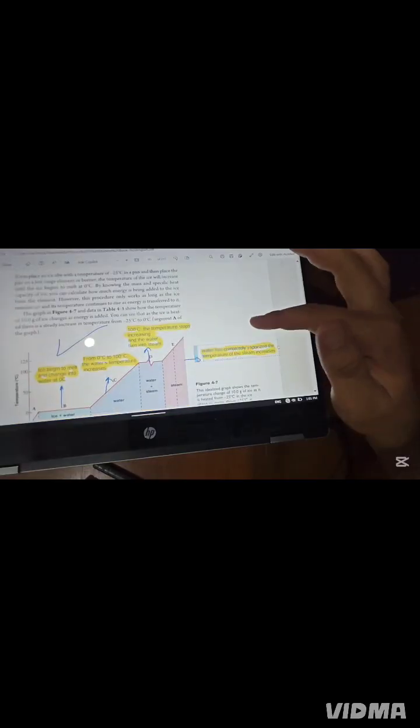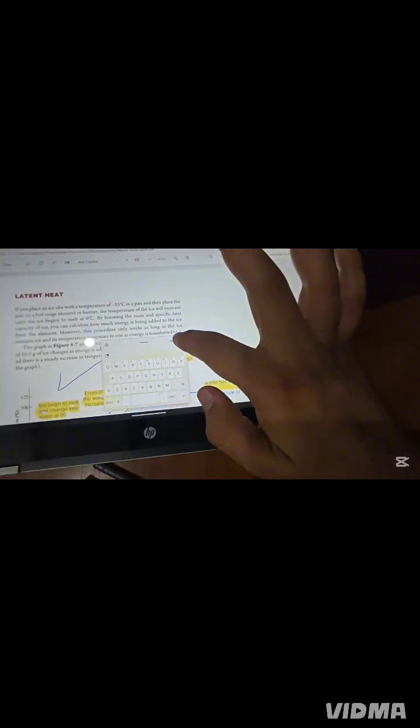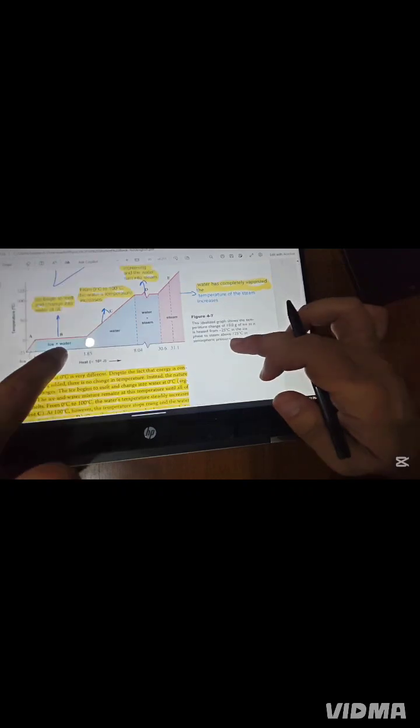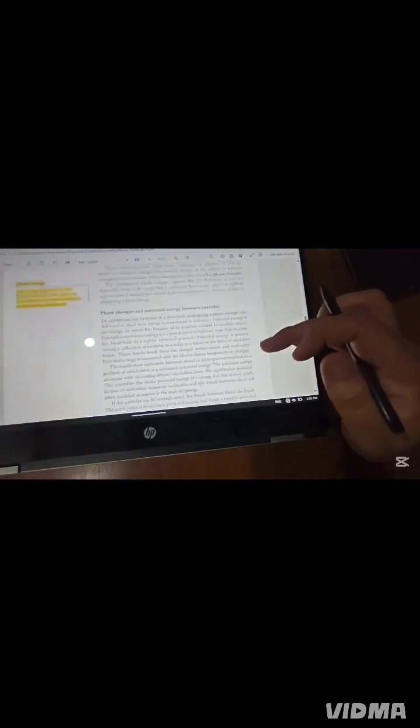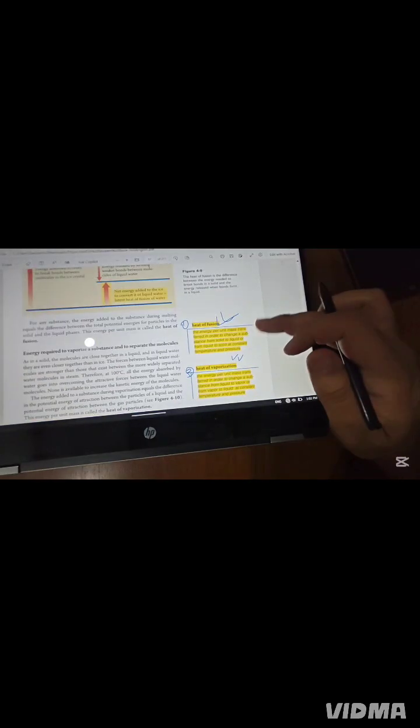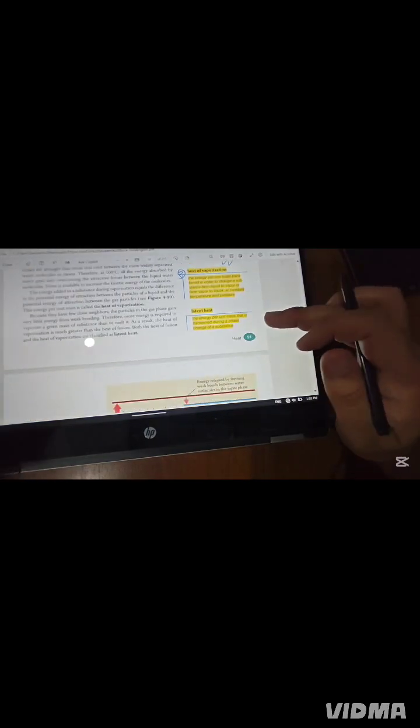Now another part is left, which is called latent heat. What is latent heat? In general, leave this page now, later we will explain, but we have some definition. First, let me tell you what latent heat is.